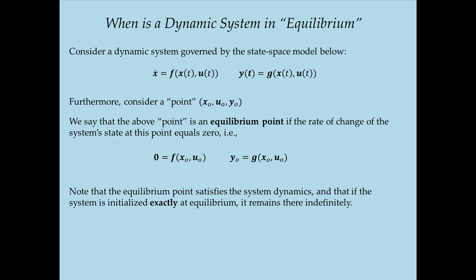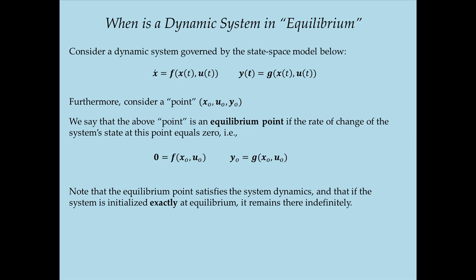The second thing I want you to notice is that if you take this dynamic system and initialize it exactly at equilibrium, it will remain there forever. So if I were to put the system exactly at a state x naught, apply an input exactly equal to u naught, and see an output of exactly y naught, and if I were to hold that input in perpetuity at u naught, the system should not change.